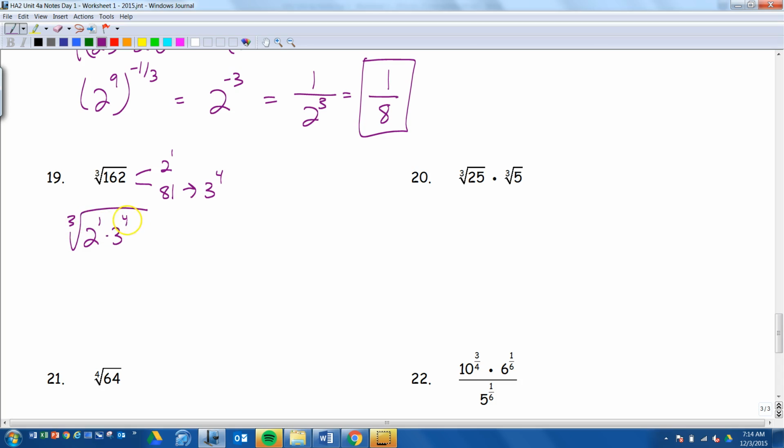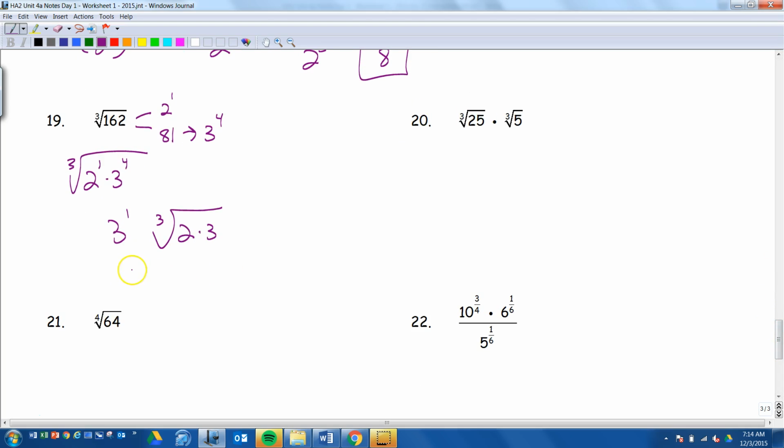There's only one of them. 4 divided by 3 is 1 1/3. So the 3 to the 1st comes out, the 2 stays under, and there's one more 3 left over because we used 3 of them to pull it out, and we have 1 left. So we finally can say that my final answer is 3 and then the 3rd root of 6 because there's nothing else we can do.